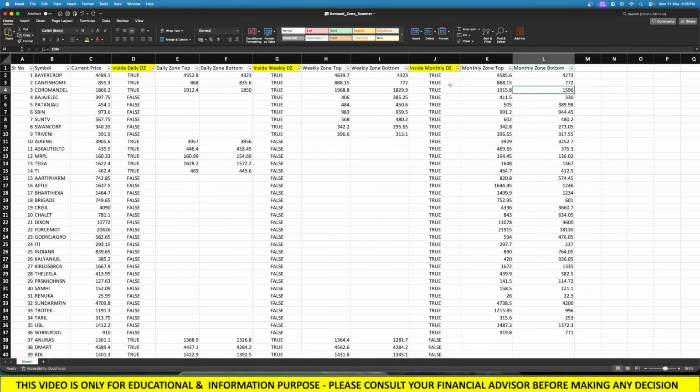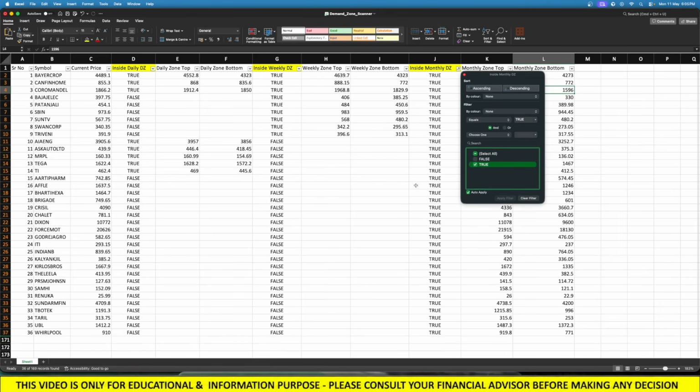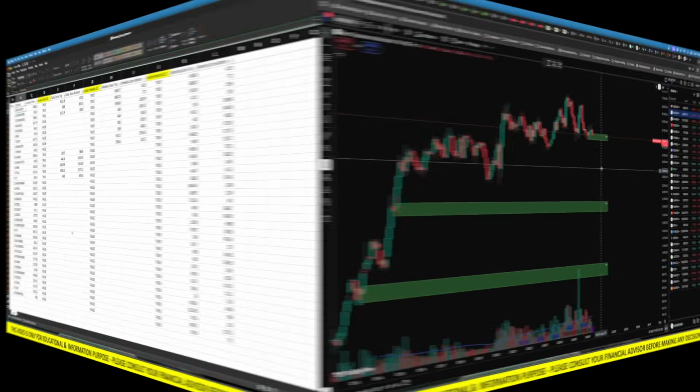So let's see if the scanner is working properly as per the Pine script. I will just check this one. Monthly time frame, true for all the 3 demand zones. The price is inside the daily, weekly and monthly demand zones. Let's open this chart.